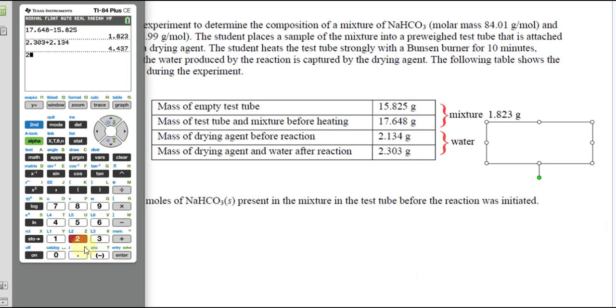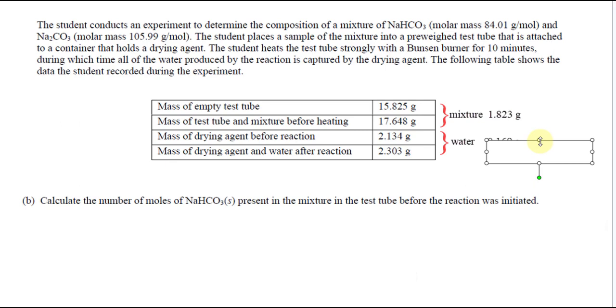It should have been 2.303 minus 2.134. Good lesson here. Check to make sure your answer makes sense, because it's easy to make an easy mistake like that. Here we go. This makes sense. 0.169 grams of water. Again, good to 1,000th of a gram. All right, there's our water mass. 0.169 grams of water.